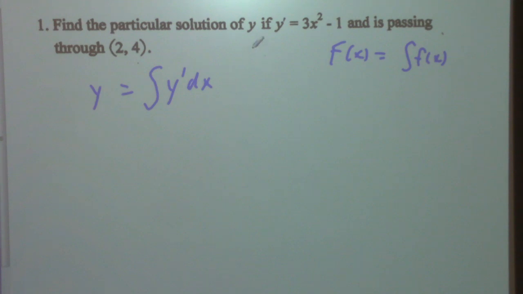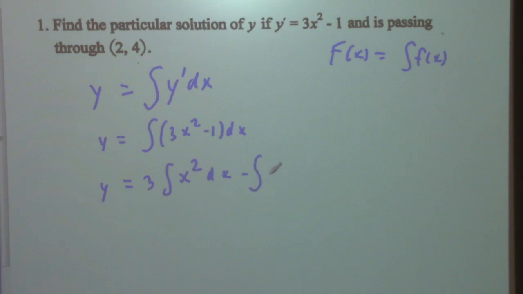So let's work that out. We have y equal to the integral of 3x squared minus 1 dx. That's going to be y equals 3 times the integral of x squared dx minus the integral of 1 dx.